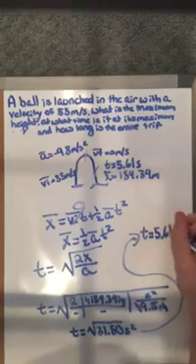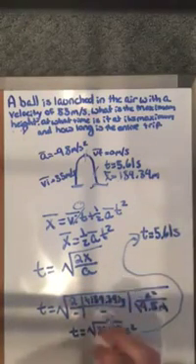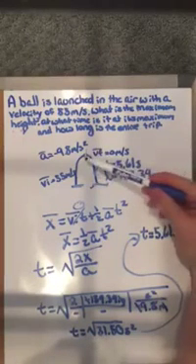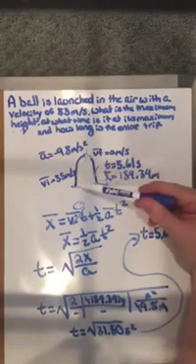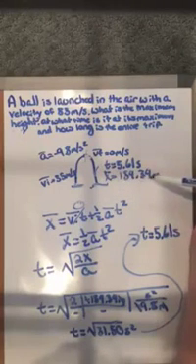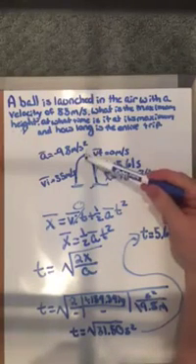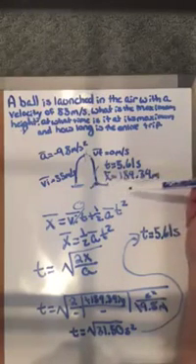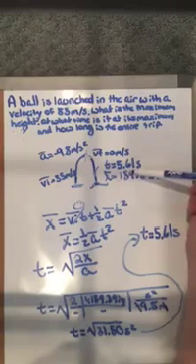5.61 seconds, which is good, which means that from this point here, our time it took to go from this point to here was 5.61, and it traveled 154.34 meters. That means that from this point here back to 0 at the ground, it'll be 5.61 seconds.